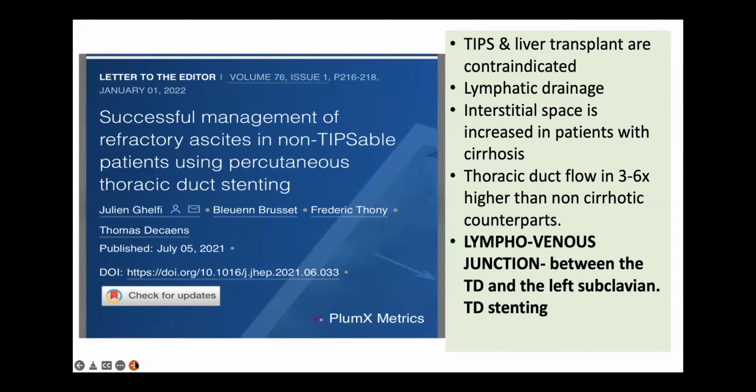Lymphatic drainage is important because the thoracic duct flow is 3 to 6 times more increased in a patient with cirrhosis. So they looked at the lymphovenous junction between the thoracic duct and the left subclavian, and put a stent there to decrease the portal pressure.